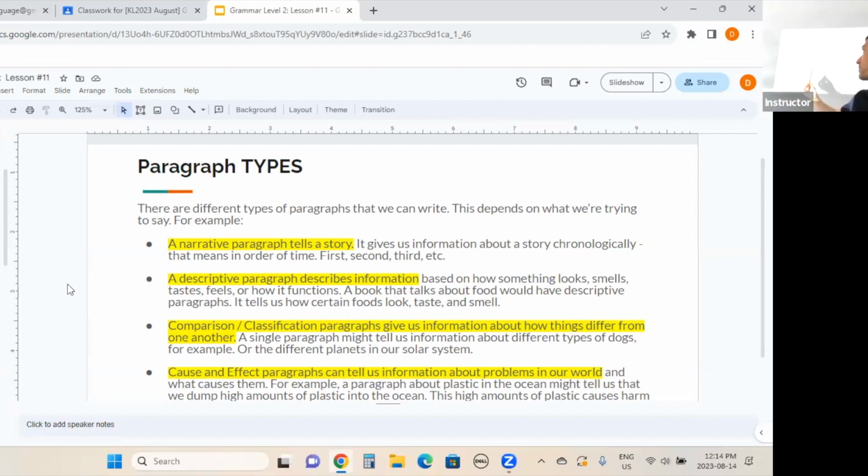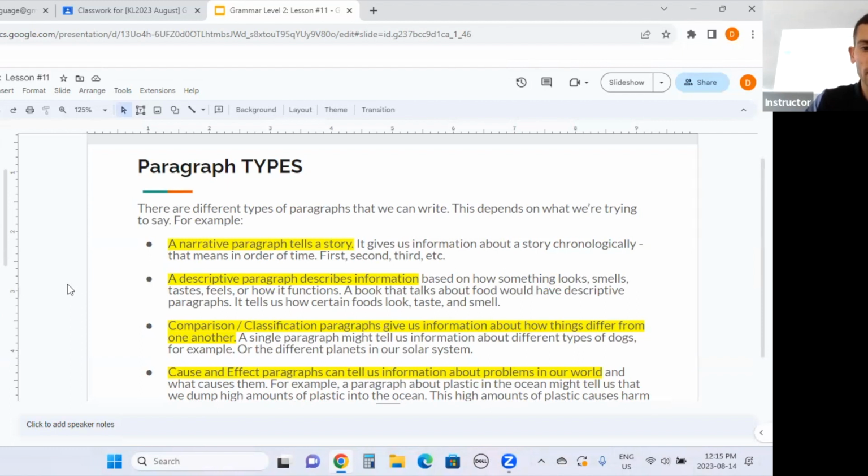A narrative paragraph tells a story, and usually things happen in order of time. So if I'm telling a story about how my weekend was, I would say, first I went on a drive to the beach, then had a barbecue in the afternoon, and then in the evening I went to a restaurant with some friends, and then I went home. So that's first, second, third, fourth, morning all the way to night. That's a narrative paragraph.